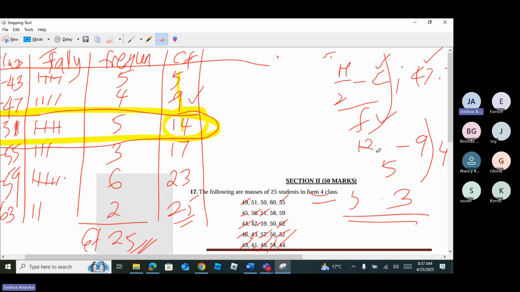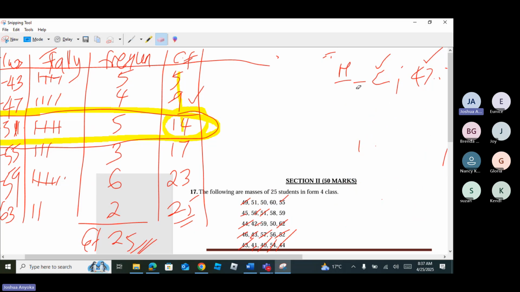What we had are class limits. So we need a column for class boundaries.